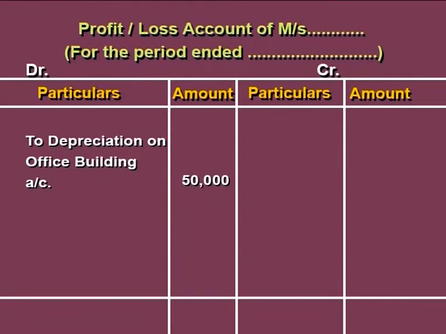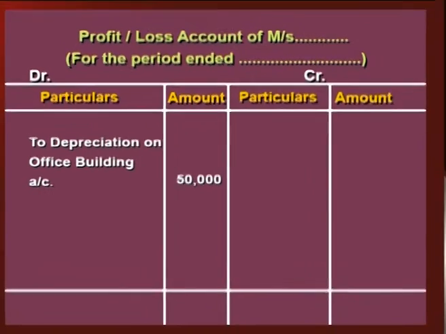The final accounts will appear like this after giving due effect to this adjustment. As you can see, in the profit or loss account, in the particulars column we have mentioned depreciation on office building account, and the amount of 50,000 has been shown in the amount column.